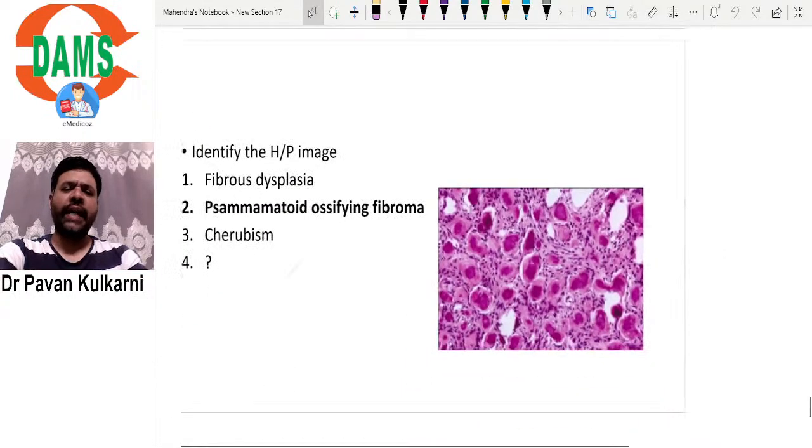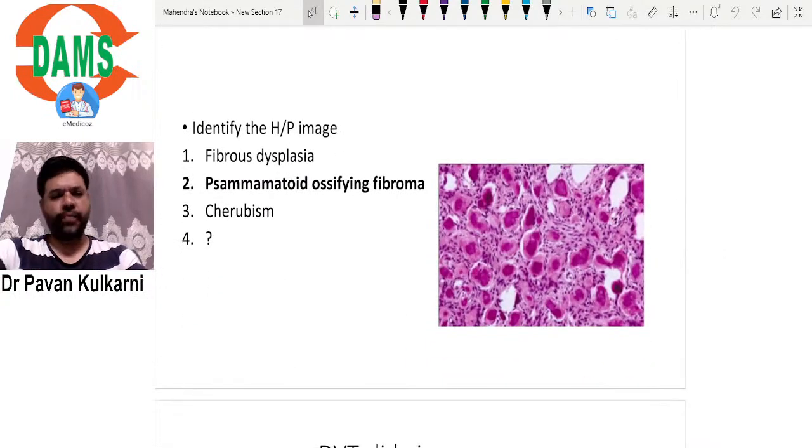There was a question here: identify the histopathology image. This is a bit of an unexpected question, where fibrous dysplasia, psammomatoid ossifying fibroma, and cherubism are the options. All these round bodies we can see are psammoma bodies.